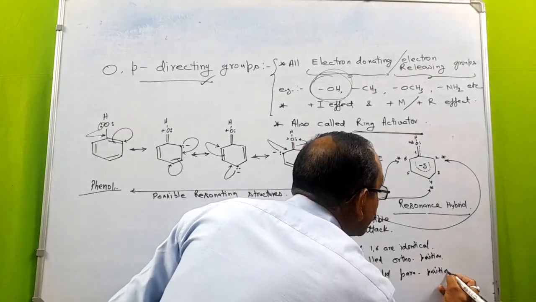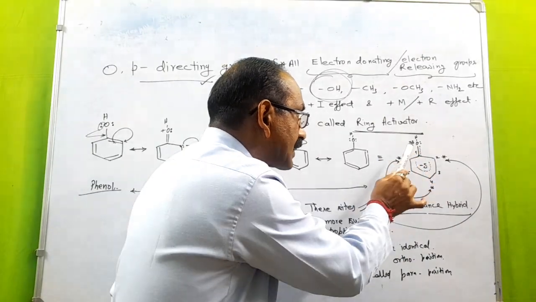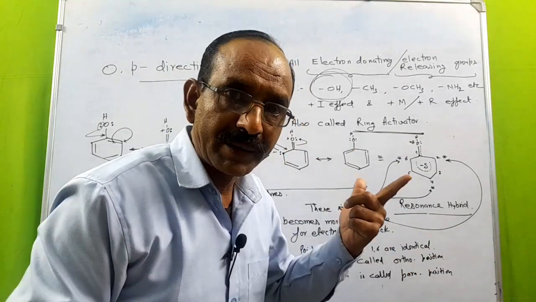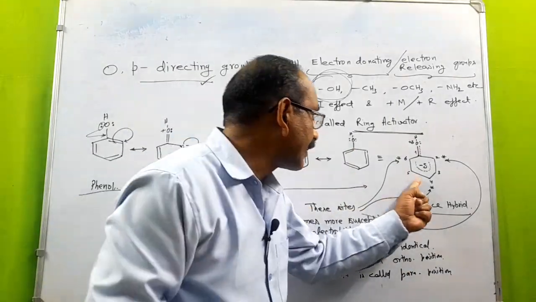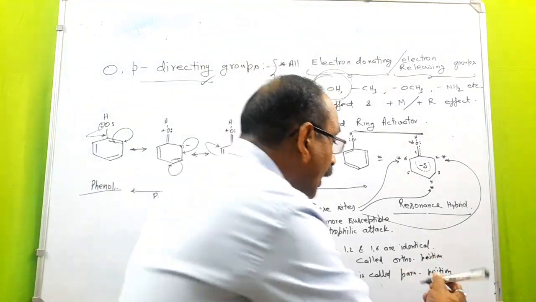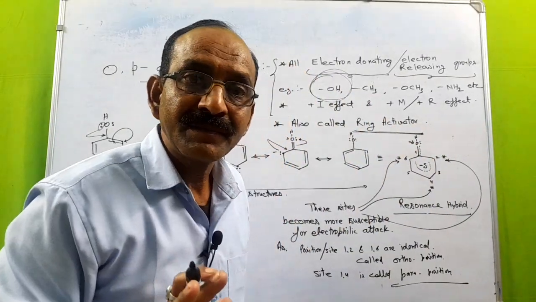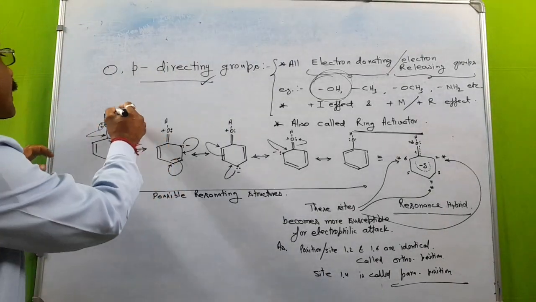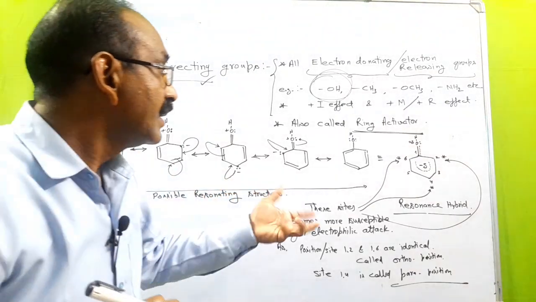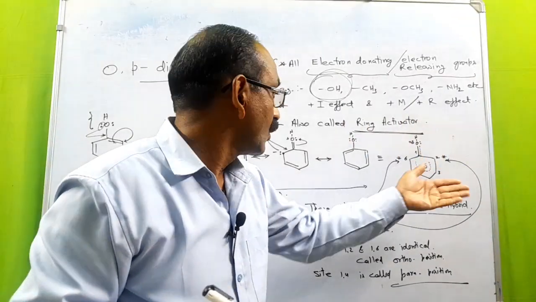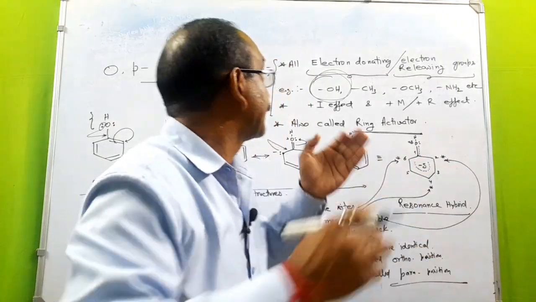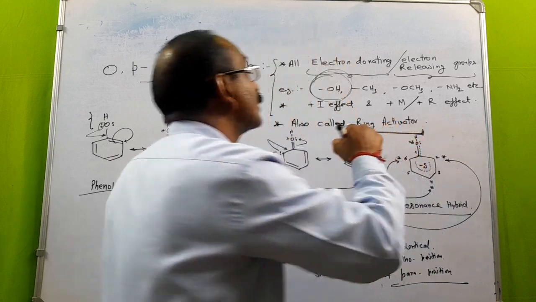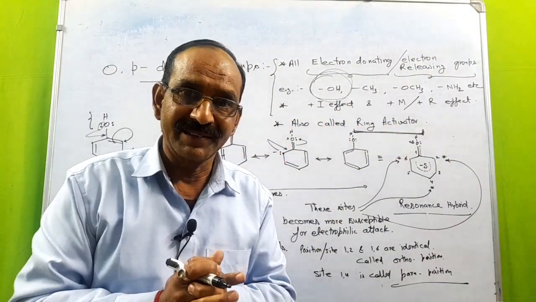It means if the substitution occurs either at position 2 or 6, the substituted product will be called the ortho product. And if the substitution occurs at position 4, that will be called the para product. Is it clear? See, and here this electron releasing group is increasing the electron density over 2, 4 and 6, and that's why these electron releasing groups or ortho-para directing groups are also known as ring activators.